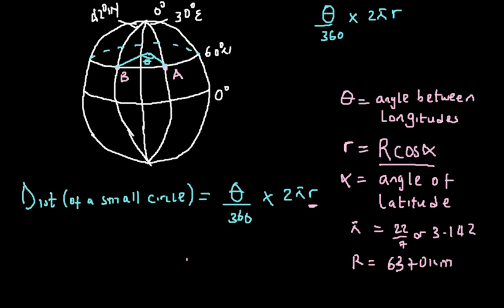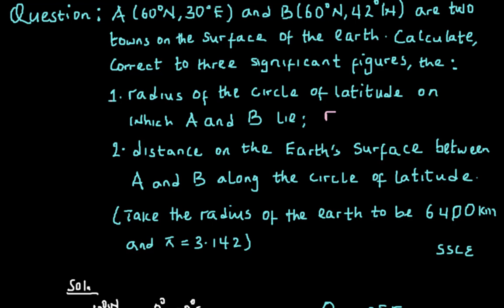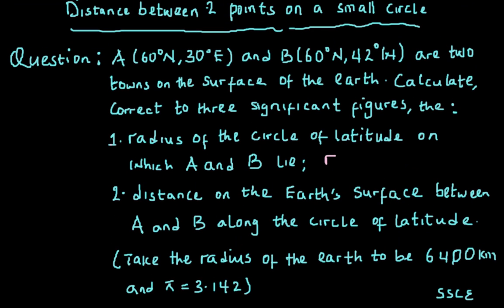Now remember, the formula for small r equals to big R cos alpha. Now alpha is the angle of latitude. And in this case, the angle of latitude is 60 degrees north. Can you see they are both the same? 60 degrees north, 60 degrees north.